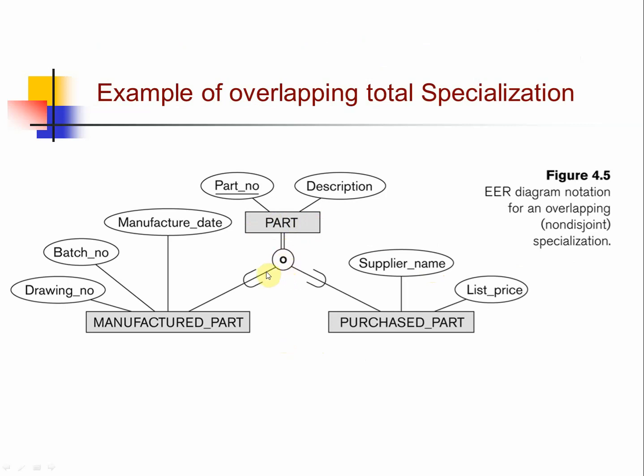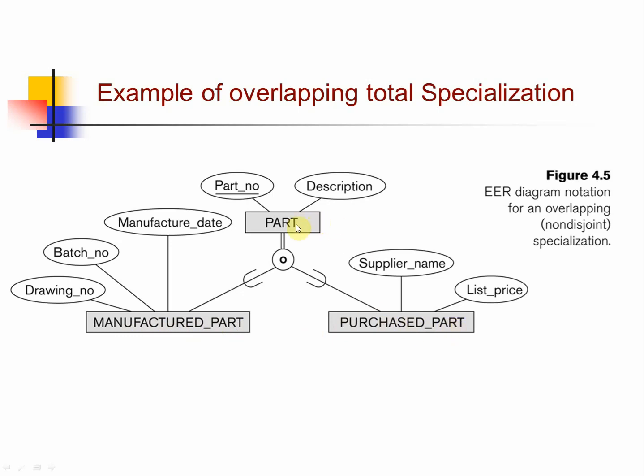We have an O that we put over here to specify that this is a double line and an O operation. What I'm trying to say is that for the parts that we are going to use, they can be manufactured parts or purchased parts.